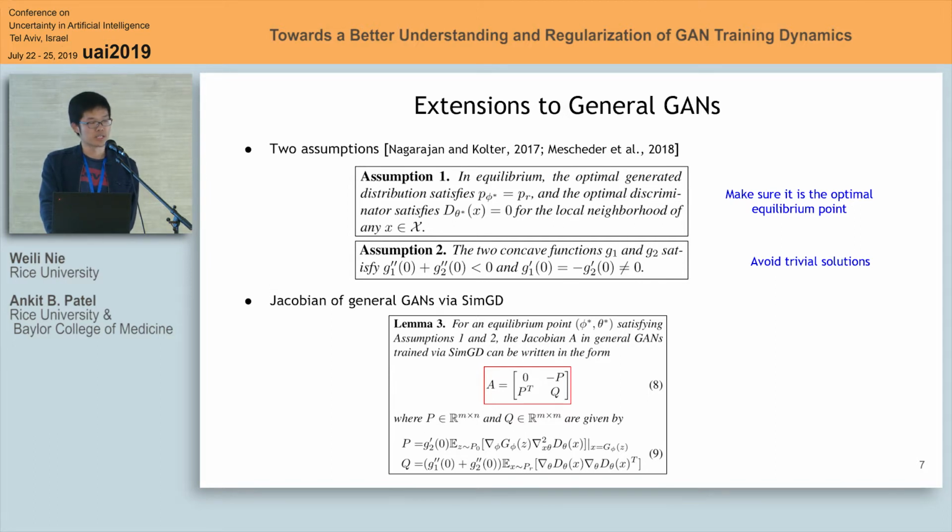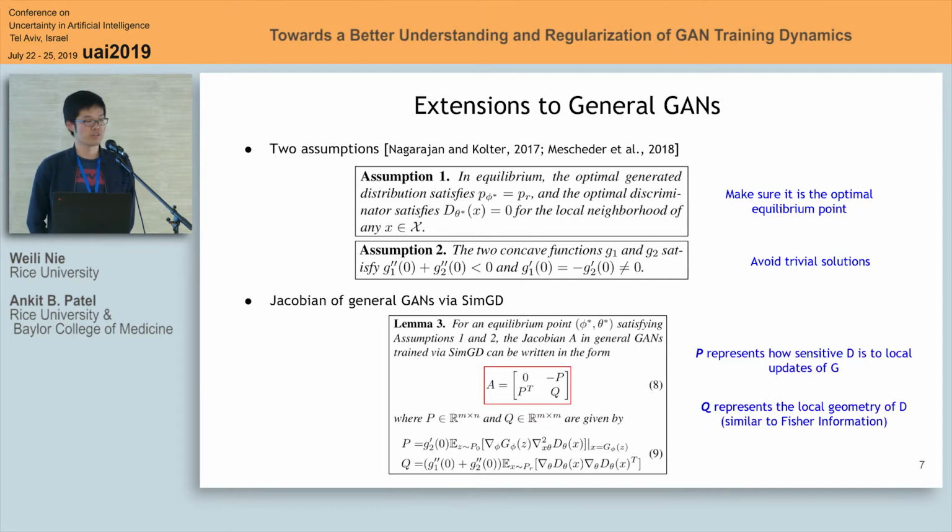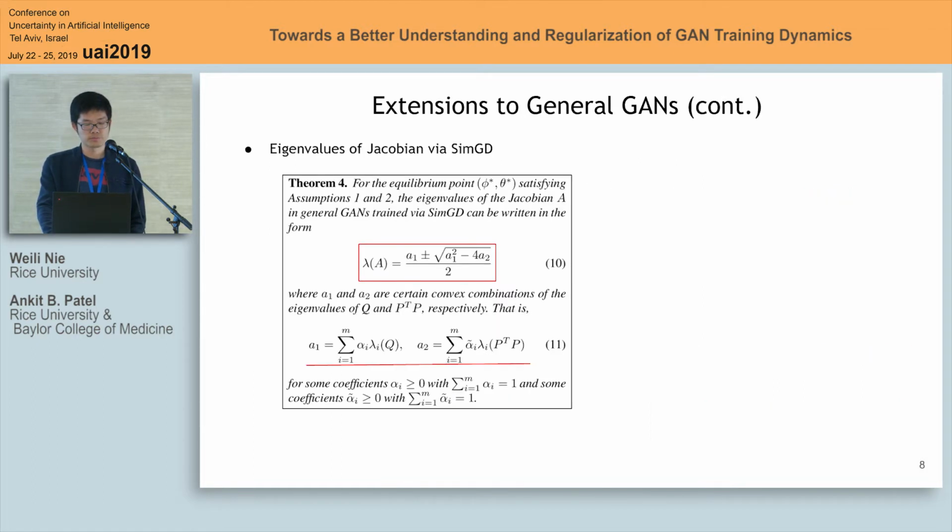Here, the Jacobian now depends on two auxiliary matrices, P and Q, and they are given in these two equations. In terms of the physical meaning of P and Q, P represents how sensitive the discriminator is to the local updates of the generator, and Q represents the local geometry of the discriminator, which is quite similar to the definition of phase information.